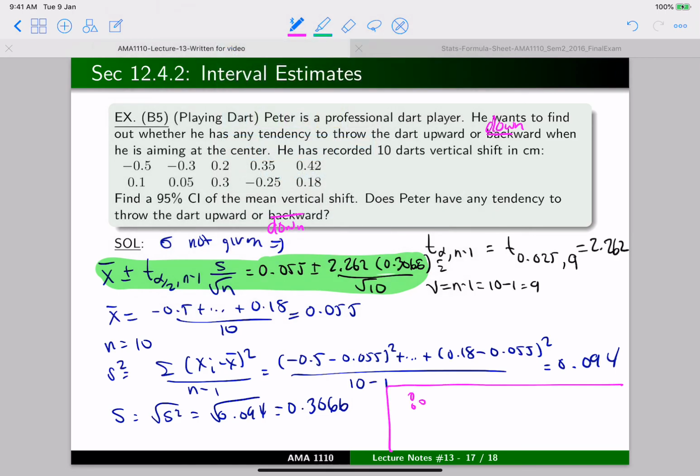Therefore the 95% confidence interval for the population mean mu is minus 0.174 to 0.284 centimeters. So since 0 is contained in the 95% confidence interval, there's no tendency for Peter to throw upward or downward.